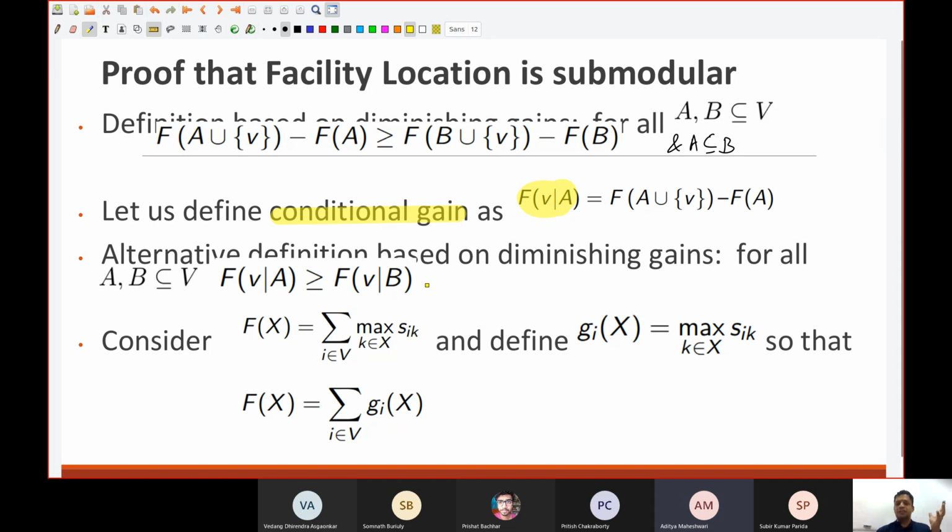Another definition we can give in terms of conditional gain is saying that F of v given A is greater than or equal to F of v given B if A is a subset of B. Basically saying the conditional gain with A is greater than the conditional gain with B. So now this part below is where the proof begins. So far I've just defined some definitions.